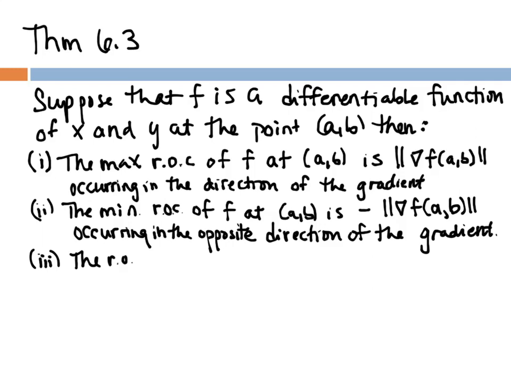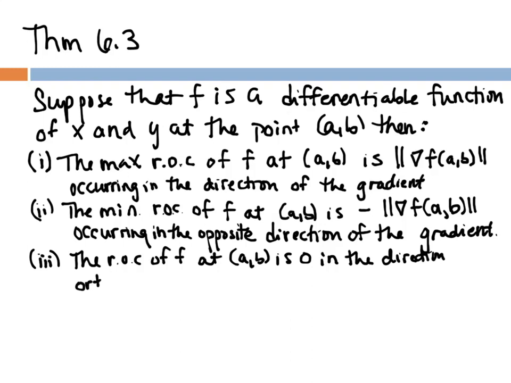The rate of change of f at (a, b) is 0 in the direction orthogonal to the gradient. Orthogonal is the idea of being perpendicular, but in a three-dimensional sense. So if we are orthogonal to the gradient, then we have a rate of change that's 0.